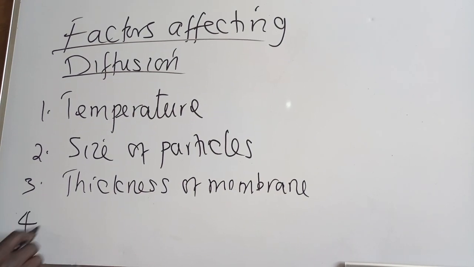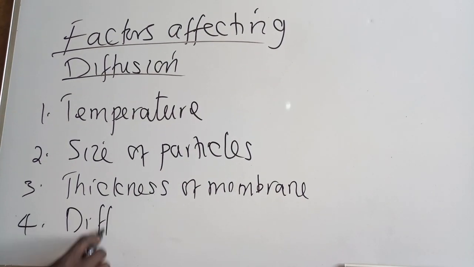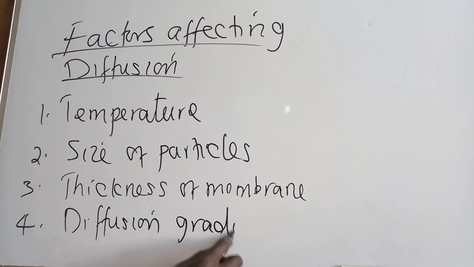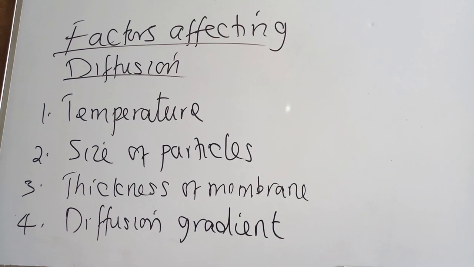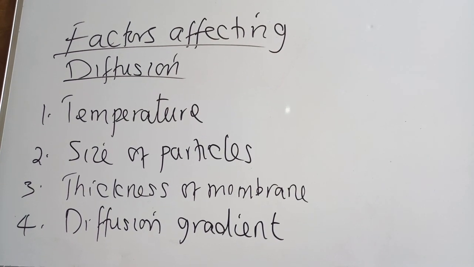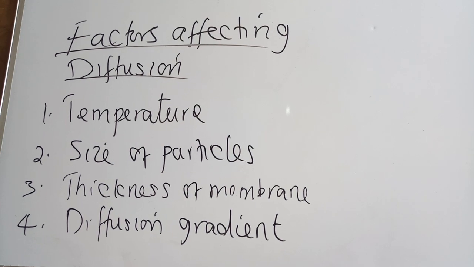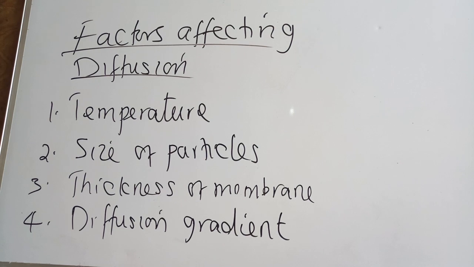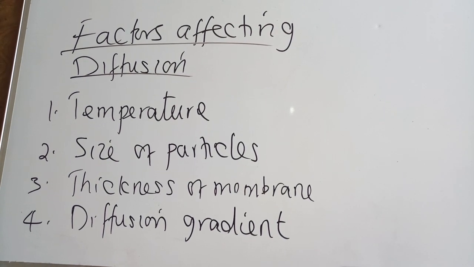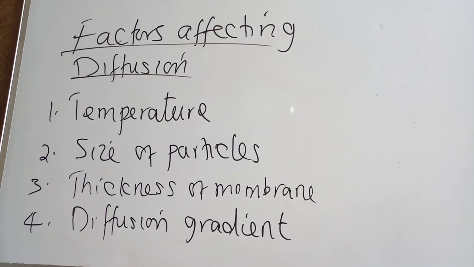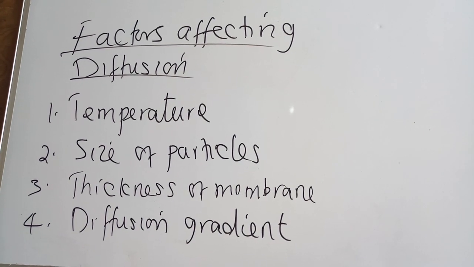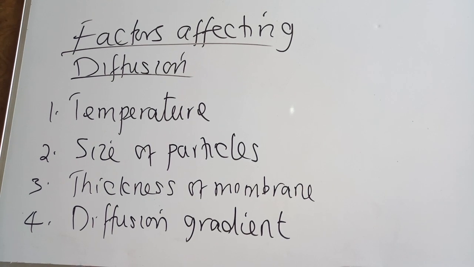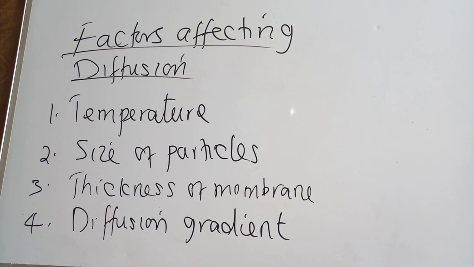The other factor, diffusion gradient. Diffusion gradient simply refers to difference in concentration between two different parts. For example, if the inner part of a cell has high concentration of glucose and the outer part of a cell has low concentration of glucose, then we say the diffusion gradient there is high or big.